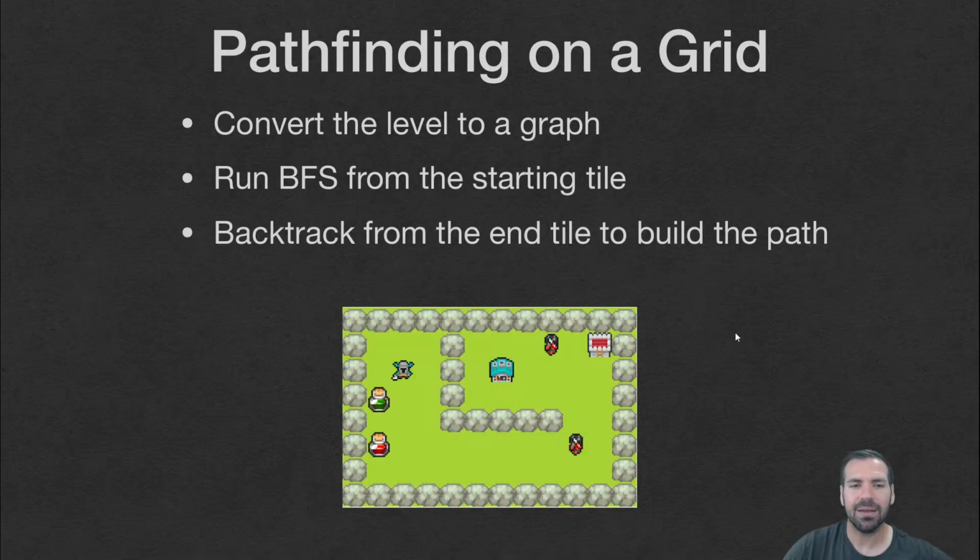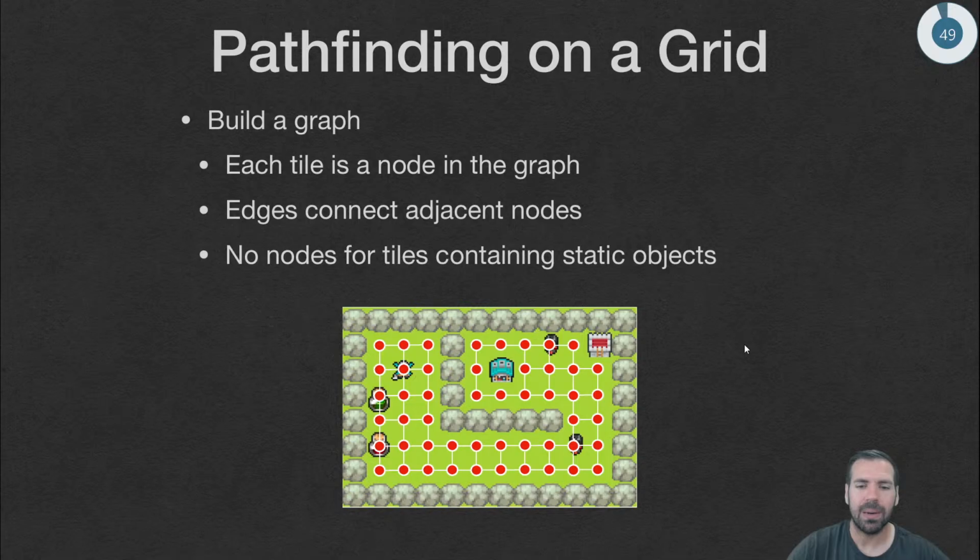Well, we're going to take our level, and first we're going to represent that level as a graph. And the enemies can't go on these static objects here, but they can go on these. So I'm going to place my nodes on any tile where the enemy is allowed to travel. So I'm creating a graph out of my level, marking my starting node and my ending node, and then running breadth first search on it.